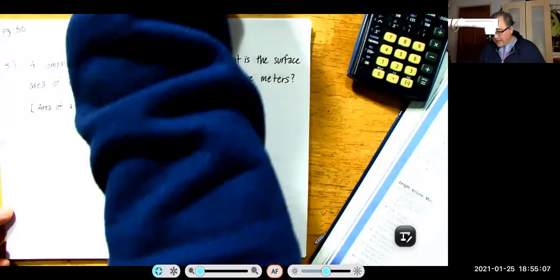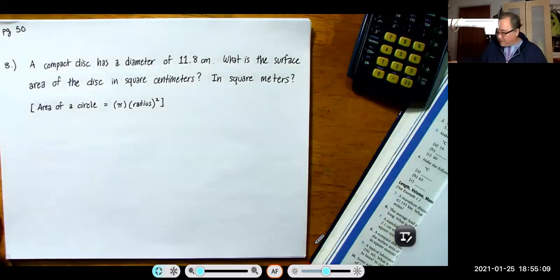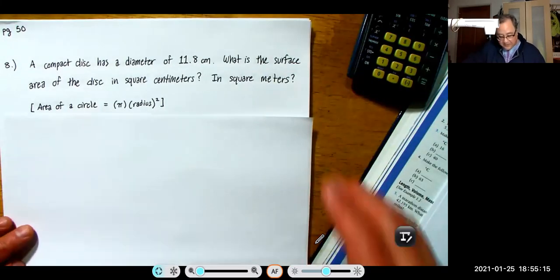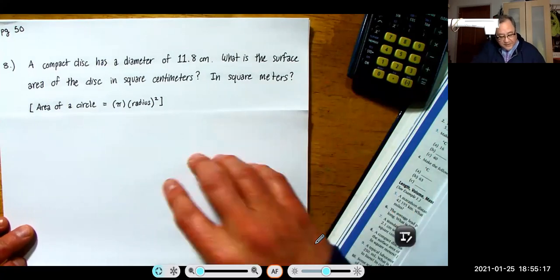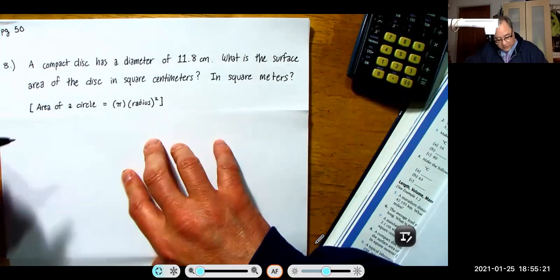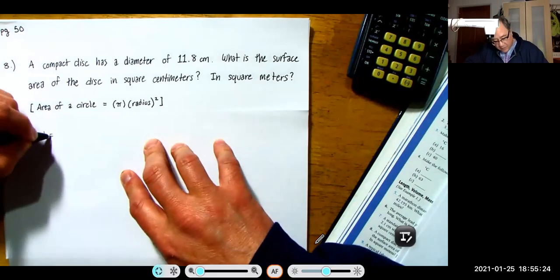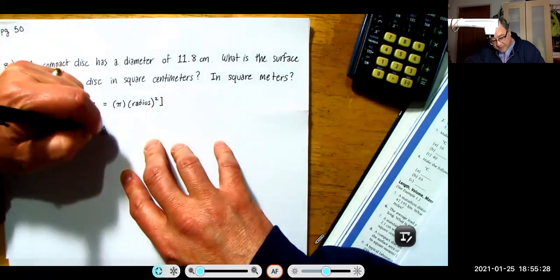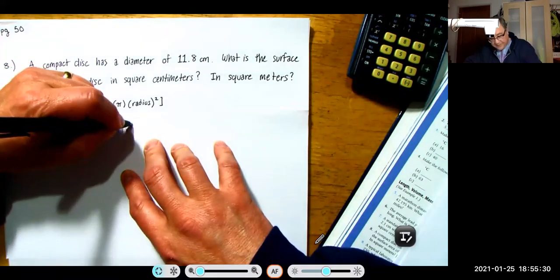Number 8, a compact disc has a diameter of 11.8 centimeters. What is the surface area of the disk in square centimeters and in square meters? And they give us that the area of a circle is pi r squared. So the diameter is 11.8 centimeters. The area is pi r squared.